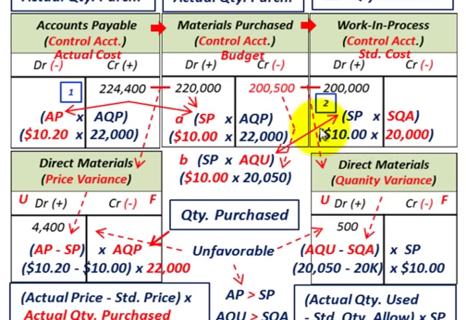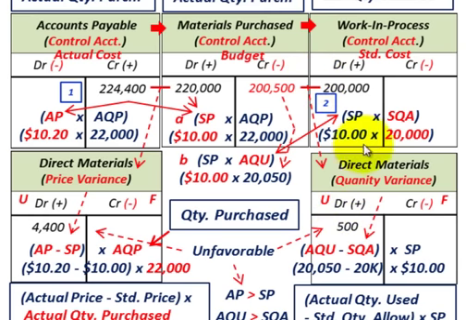Again, it's just a balancing entry between what's coming out at the actual quantity we used, $200,500, versus our standard quantity allowed at $200,000. The difference goes to the direct materials quantity variance, debited for $500, just balancing our credits with our debits.